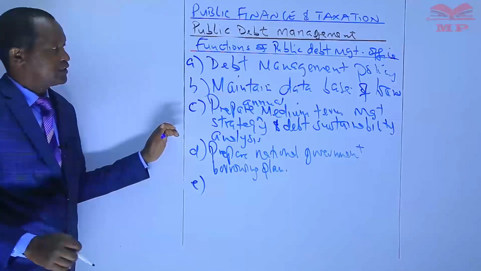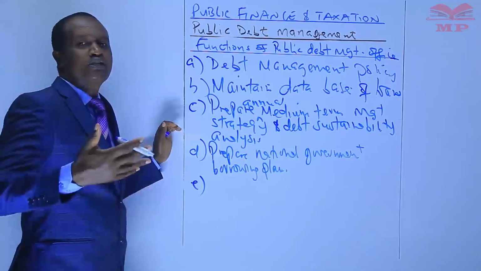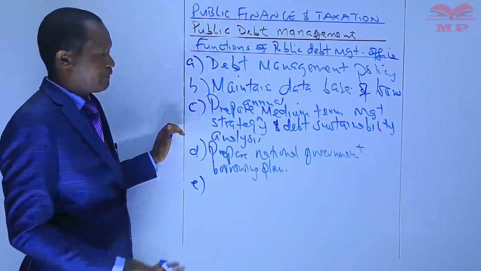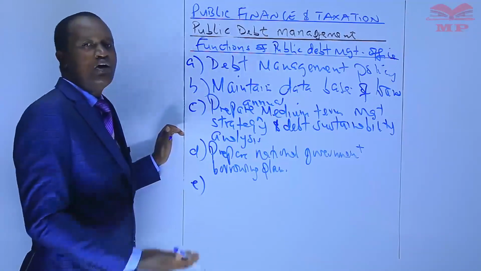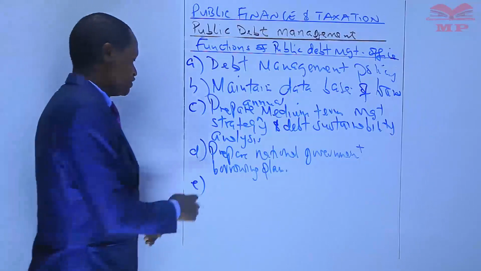Number 5. The fifth function is to act as a principal in the issuance of government debt securities.